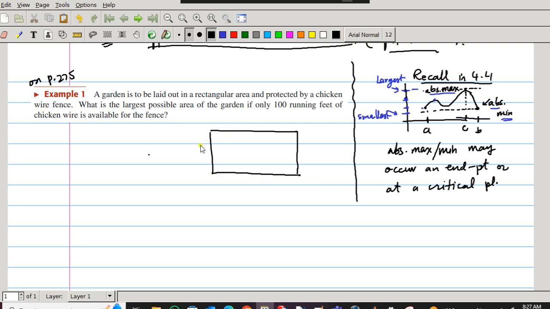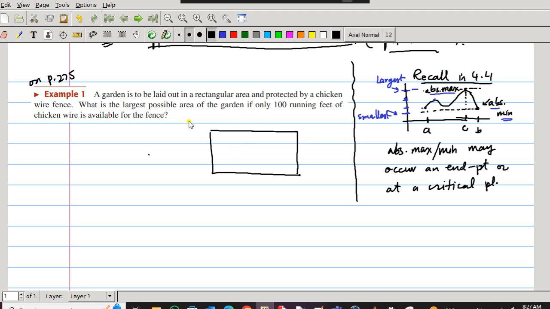And you have a wire, chicken wire. That is, you might have seen, a steel wire. So they call it chicken wire fence. Basically, it's any wire you need to fence any area, right? It can be any rope or something like that.